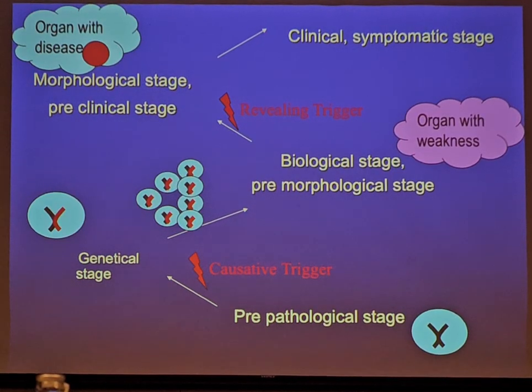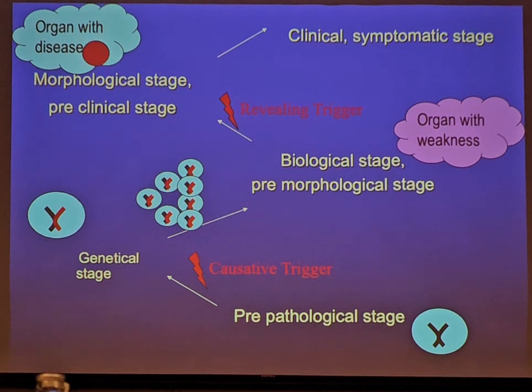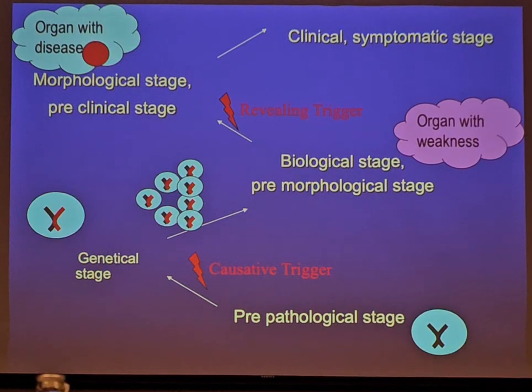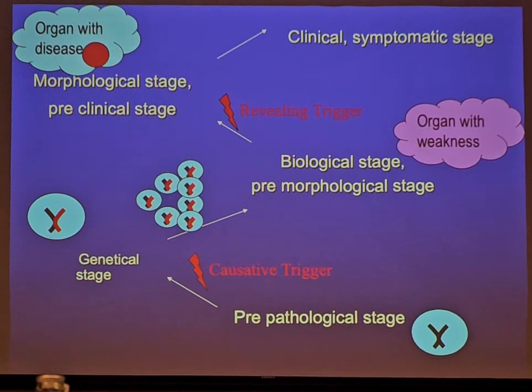So let's give us an example, and let's move away from the vascular world for a brief example, and take neurofibromatosis. You have due to the first causative trigger, a mutation in the neurofibromin gene. This mutation in the neurofibromin gene is not lethal, and you will now have this mutation in your entire body.